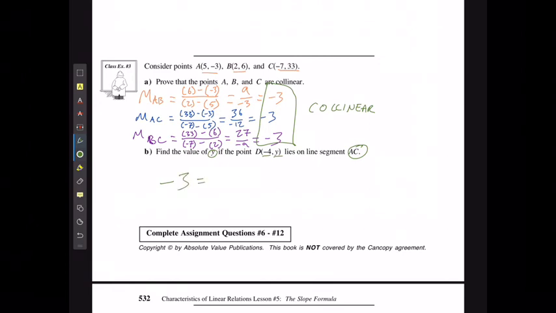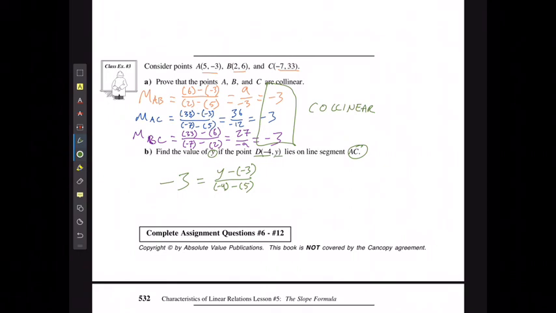And that has to be the same as if I took the points of D and A, because they're going to be on the same line. So I'm going to say that Y at D is just represented by Y right now. The Y value at A is negative 3. The X value at D is going to be negative 4. And the X value at A is going to be 5.